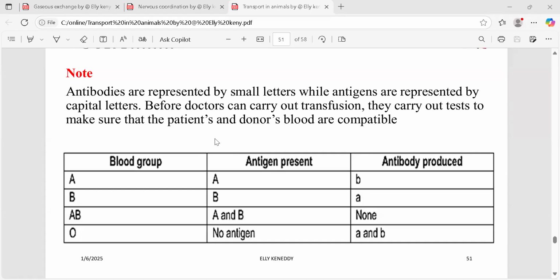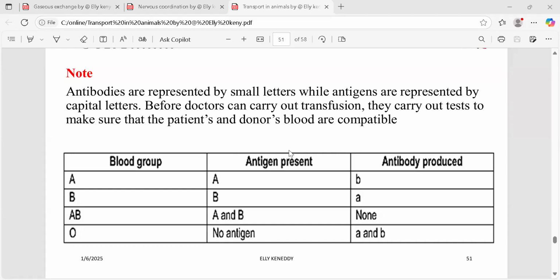So what's the implication? Remember I told you that these antigens occur on the red blood cells. We should simply understand it like this. Let's take it as a family, for example. Let's assume it is a particular school.